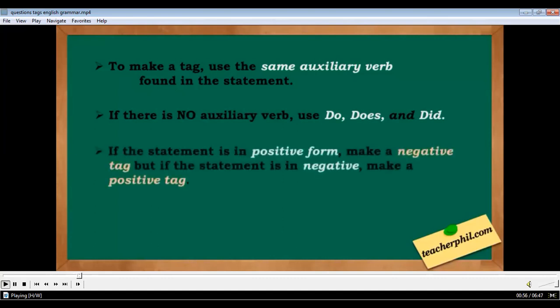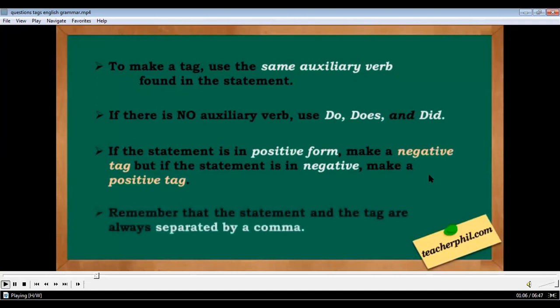The third one, if the statement is in positive form, make a negative tag. But if the statement is in negative, make a positive tag. The last one, remember that the statement and the tag are always separated by a comma. So these are the rules to write a question tag.